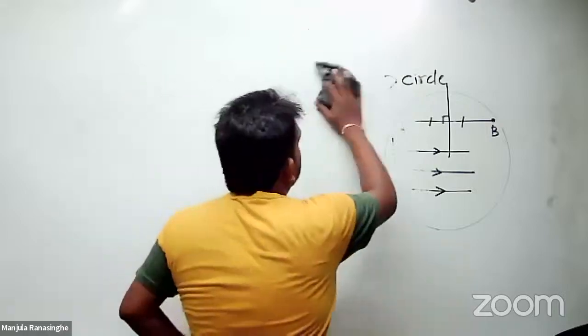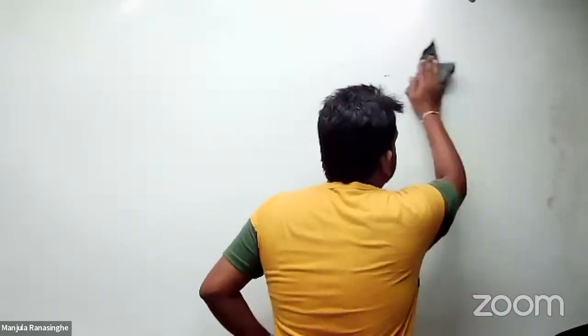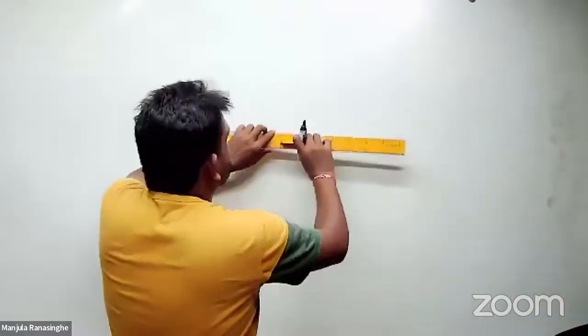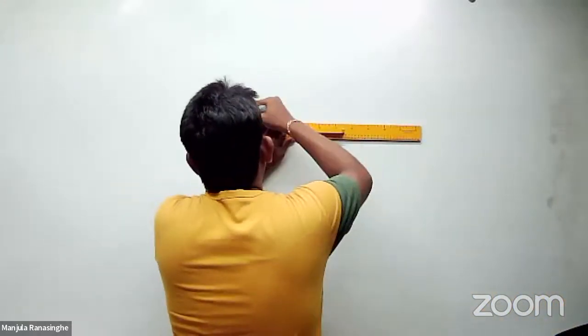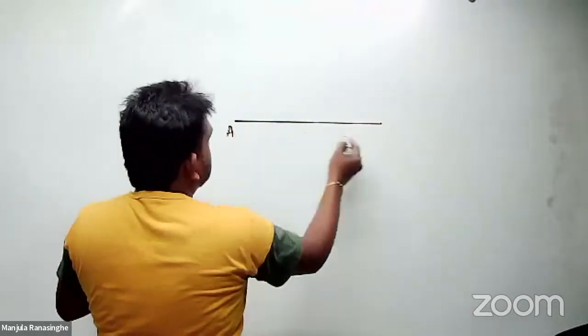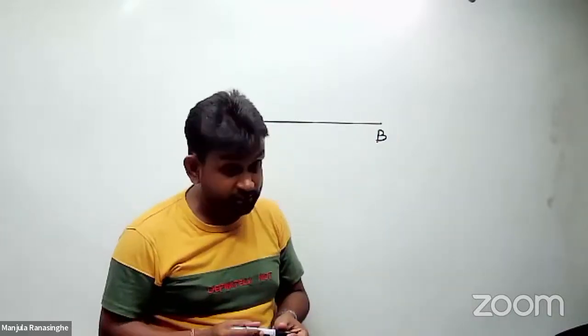Out of these four locus, one locus is there in the paper. This is how to draw a perpendicular bisector. When a line AB is there, imagine you need to perpendicularly bisect this line.